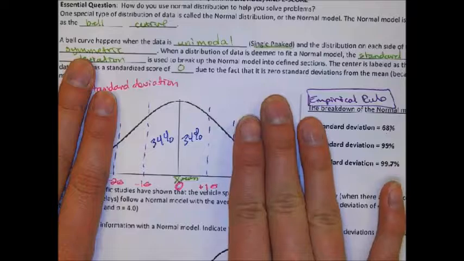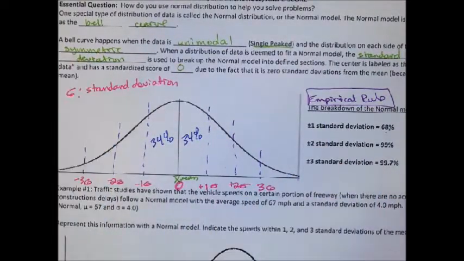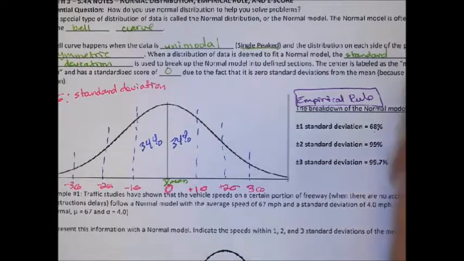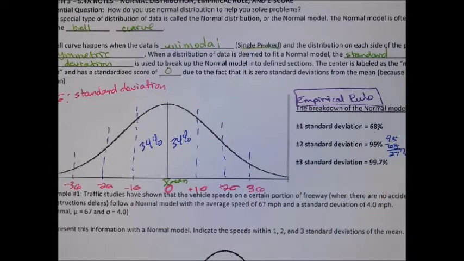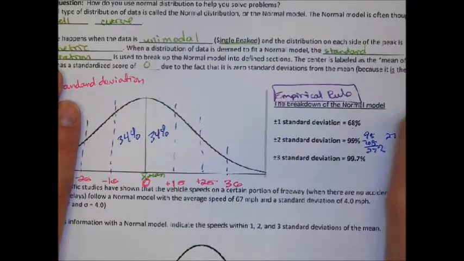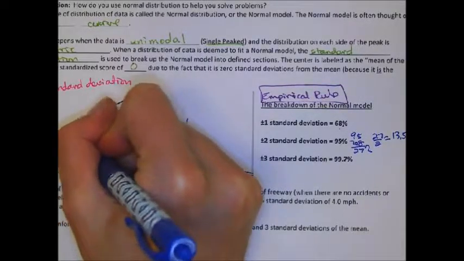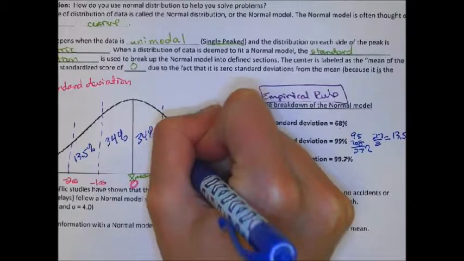So I want to find out just how much is in these regions. We do 95 minus the 68, and that gives us 27%. So these two pieces are 27%, and then we divide that by 2, and we get 13.5. So 13.5% of our data is here.